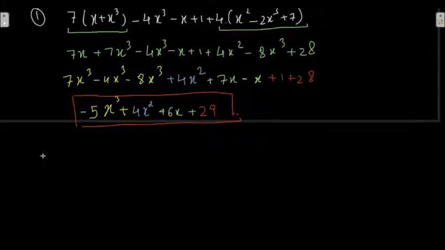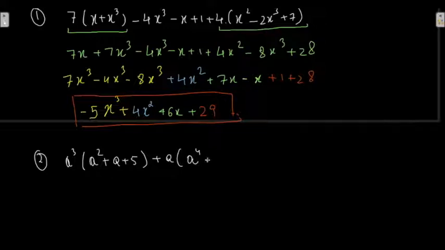Say it is a raised to the power 3 into a square plus a plus 5, plus a gets multiplied by a raised to the power 4 plus 3a square plus 4 plus 1.